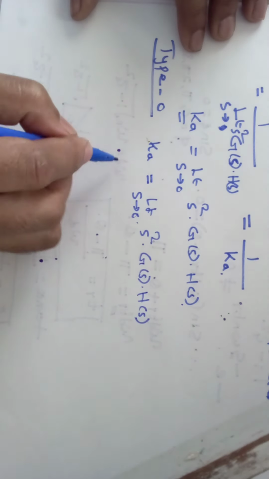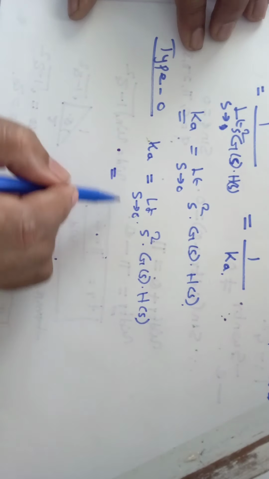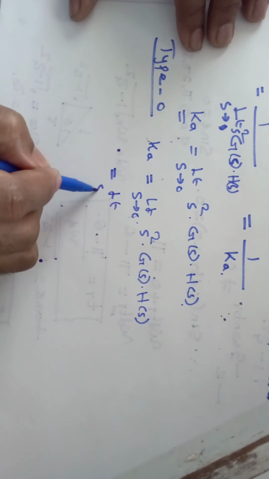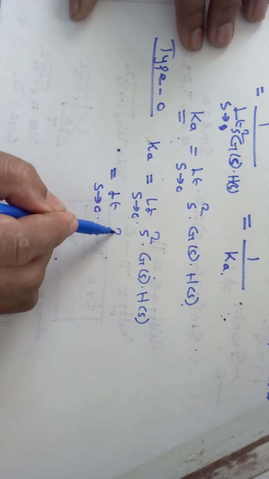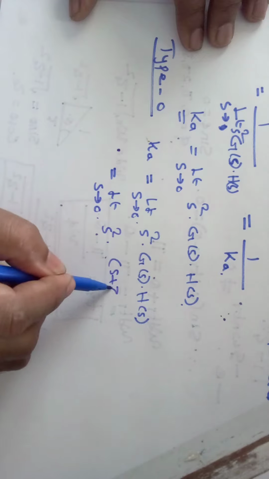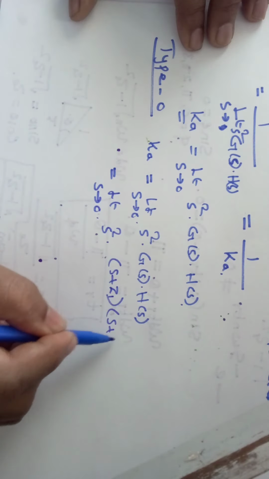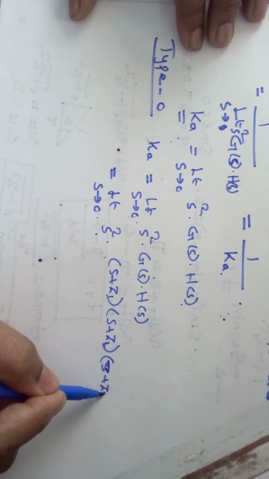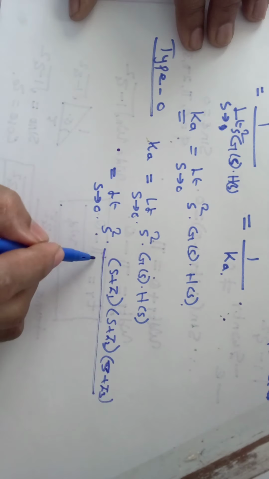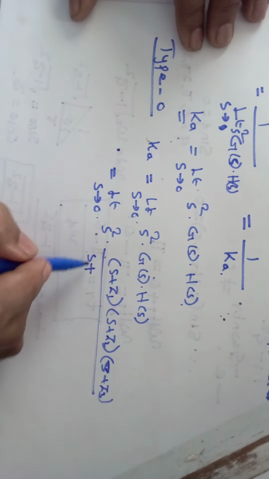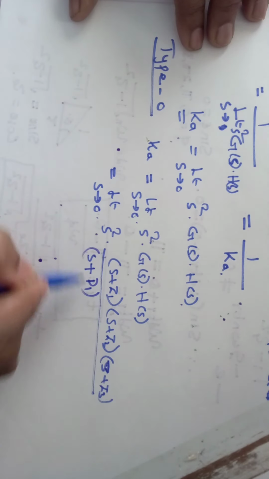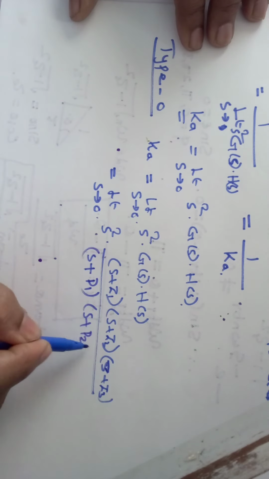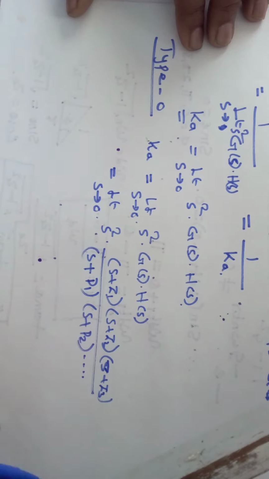So as usual, you write the standard form of your g of s, so that you will get limit s tends to 0 s square into (s plus z1) (s plus z2) (s plus z3) numerator polynomial, divided by, for a type 0 system, (s plus p1) (s plus p2), etc.